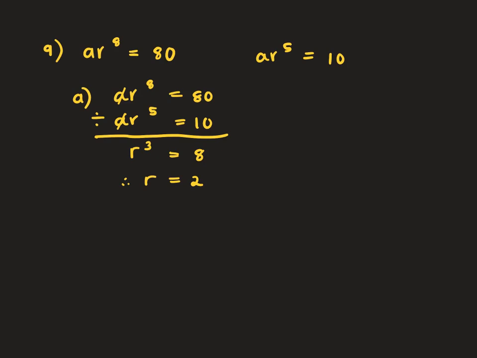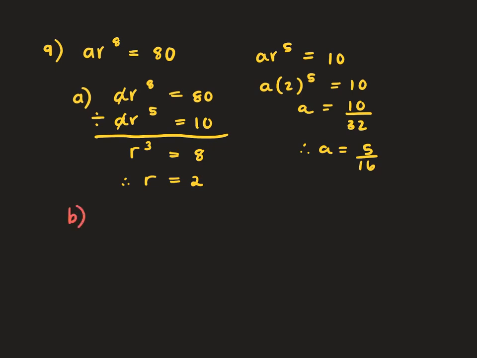So to determine a, a times 2 to the power of 5 is equal to 10. So that's going to be 10 divided by 32. So your first term is going to be 5/16.